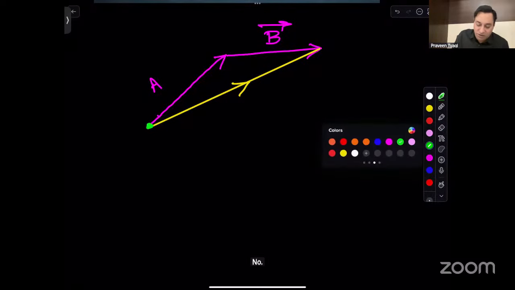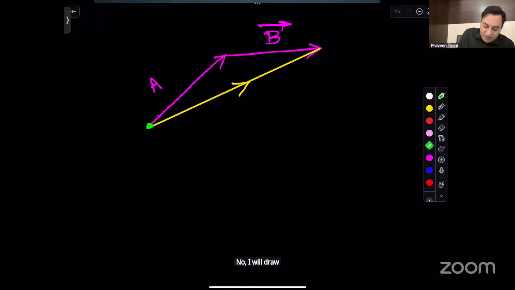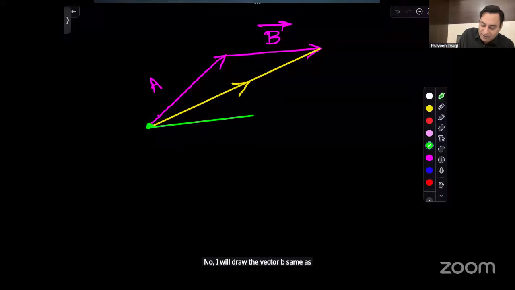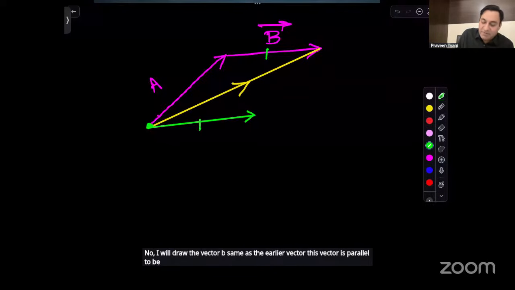I will draw the vector B same as the earlier vector. This vector is parallel to B and same in length. So this vector is also the B vector.